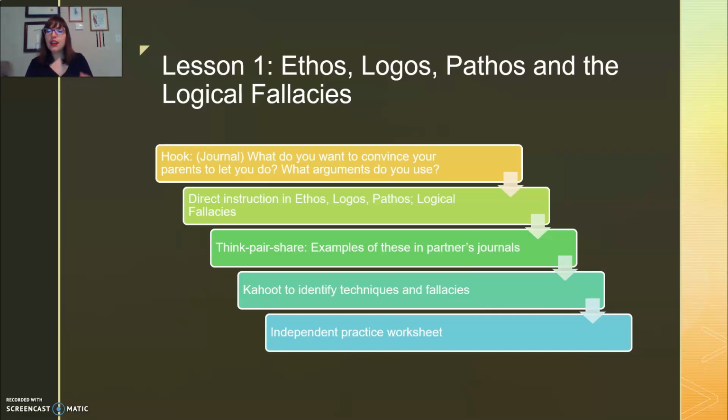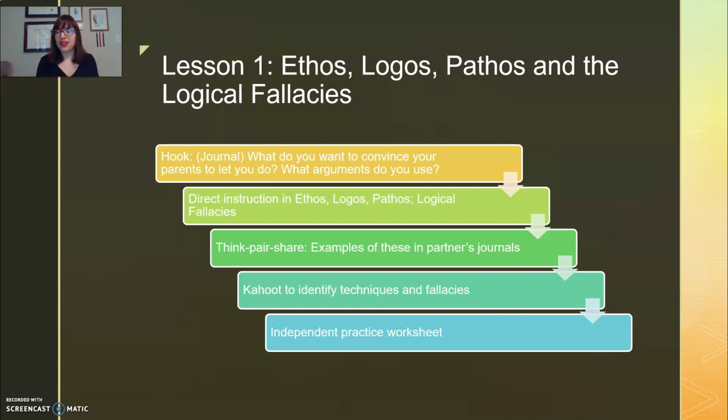So in lesson 1, we just learned about ethos, logos, and pathos and the logical fallacies, just learning how to identify them. But we'd start with a journal hook, where students would identify something that they want to convince their parents about, and what arguments they've used to convince their parents about that in the past and whether or not it's worked.